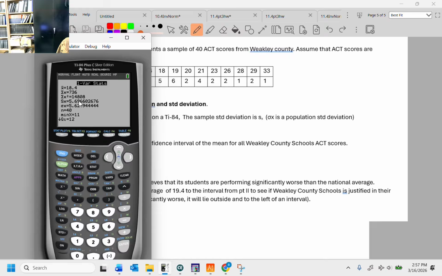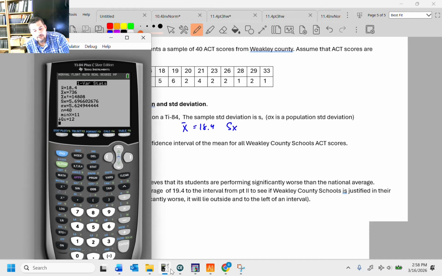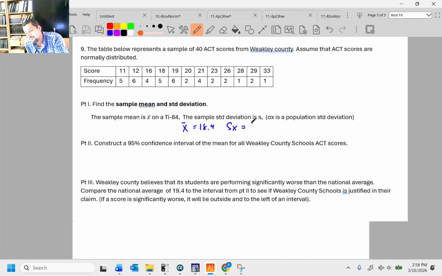But since it's a sample, this is my standard deviation. So x-bar is 18.4, and we're going to say that this is 5.697. And I will not remember that. I got 18.4, and Sx being 5.697.